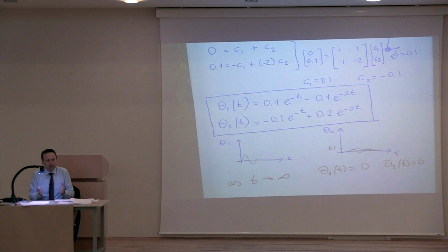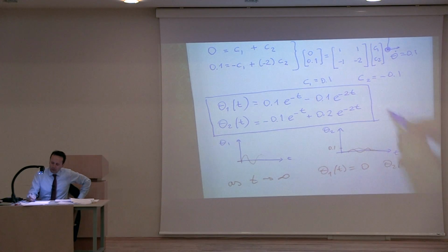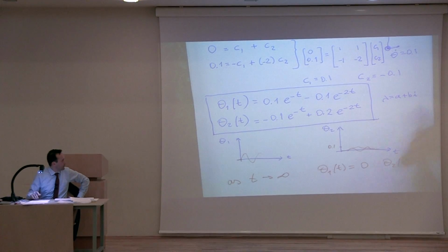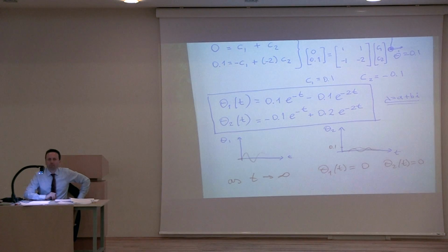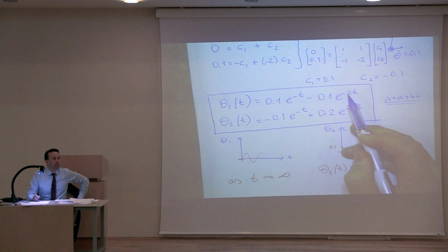All I need to look at is the eigenvalues. Few more things. Let's say the eigenvalue is a complex number, a plus bi. What happens then? Then one of them will start oscillating, right? This one will start oscillating.